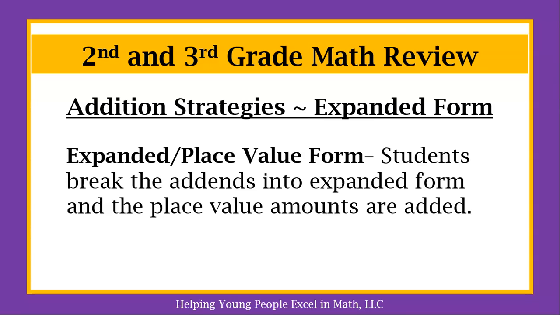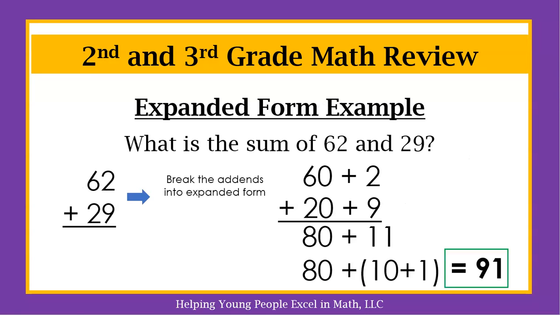Let's look at another example. We have expanded form, or expanded place value form. This is where students break the addends into expanded form and the place value amounts are added. Let's look at an example. We're still using our same addition word problem.